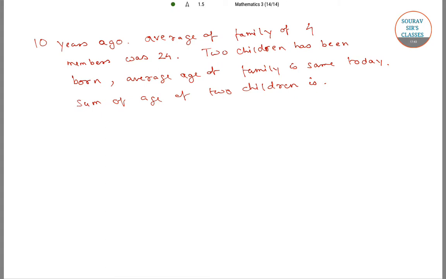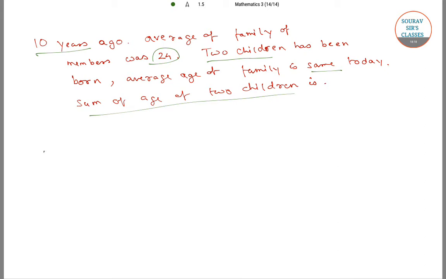Now sometimes we encounter problems based on average ages. For example, in this question we have 10 years ago the average age of family of 4 members was 24. Now in this 10 years 2 children has been born, and now the average age of the family is same. That is, even today the present average age of family is 24. So we have to find what is the sum of ages of 2 children.